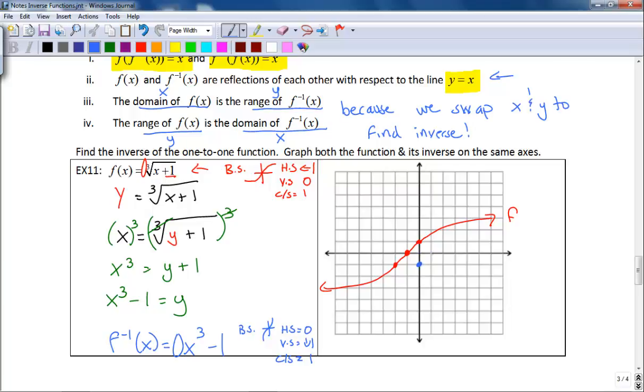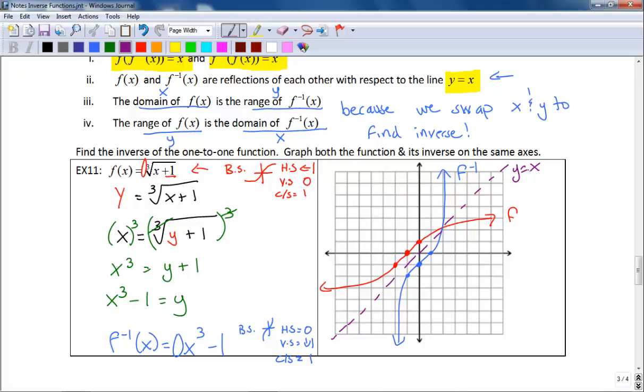Compression stretch says up 1, right 1, down 1, left 1. And I draw this function, and this is f inverse of x. If I were to draw the line y equal x, and you're not required to do this, doesn't it look like those graphs are reflections about that line?